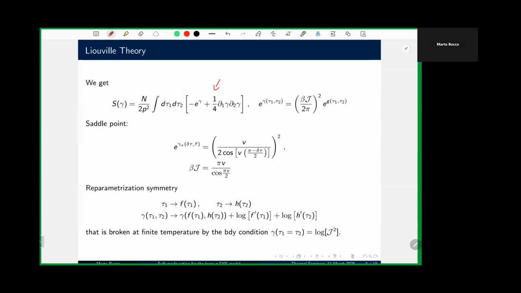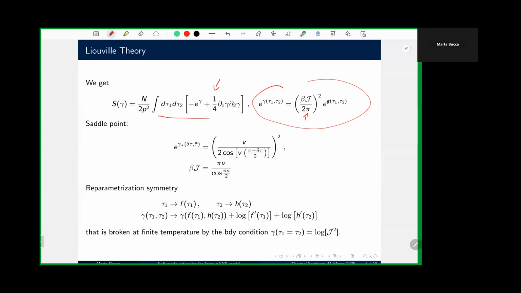And here there is this new field gamma, defined as follows. e to the gamma is simply a rescaling of e to the g, rescaled by this factor, beta J over 2 pi squared. The reason why this rescaling was performed is that we wanted our Liouville theory not to have any explicit dependence on J or beta.